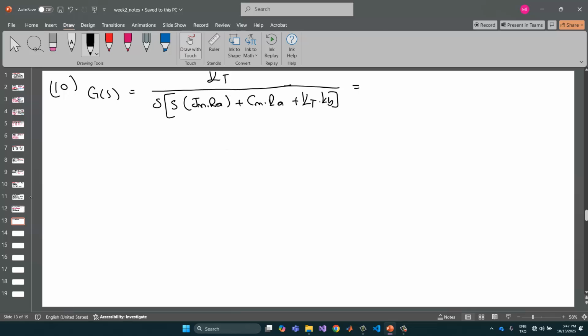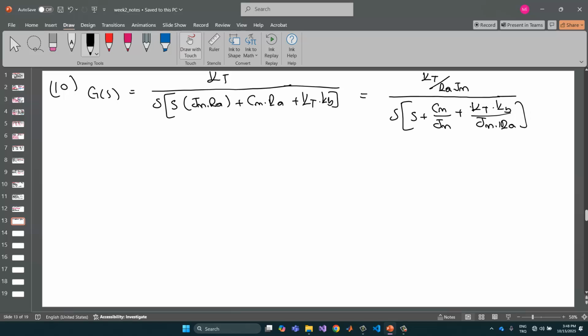And then, if we divide both the denominator and numerator by Jm times Ra, we will get Kt over Ra Jm, divided by s times (s plus (Cm Ra plus Kt Kb) over Jm Ra).